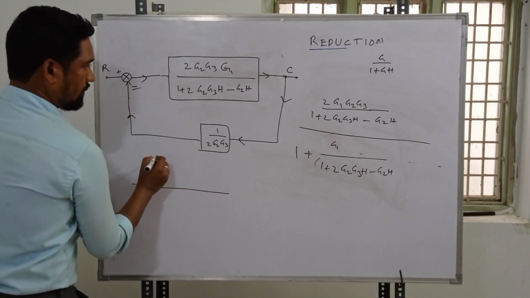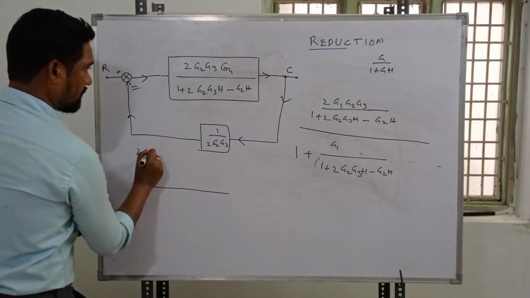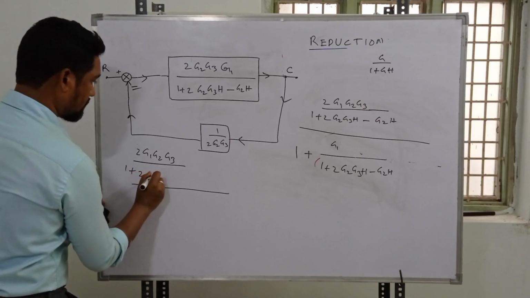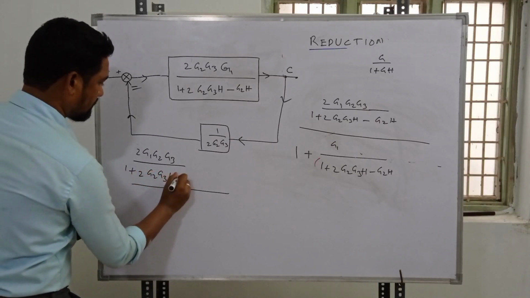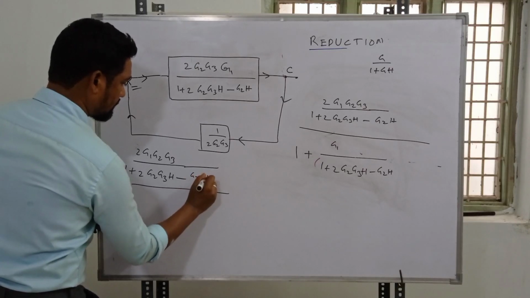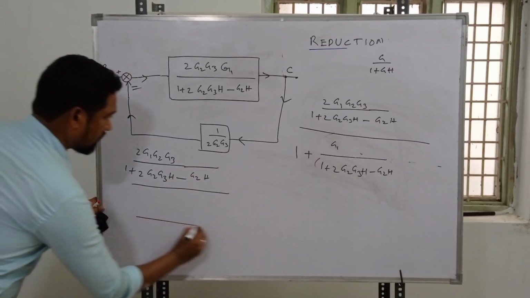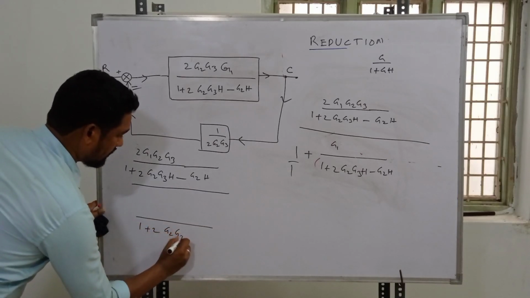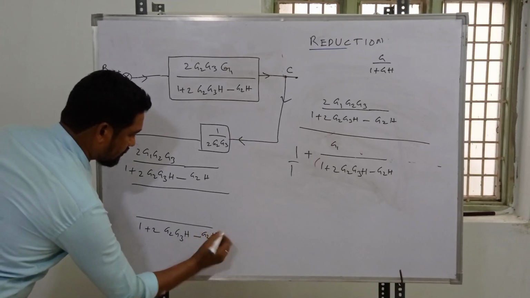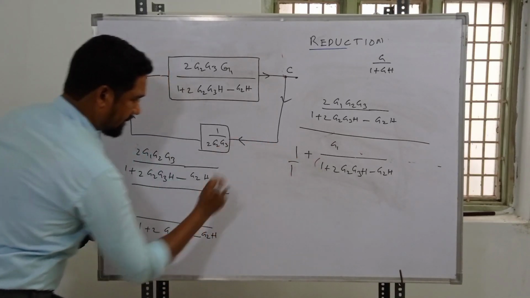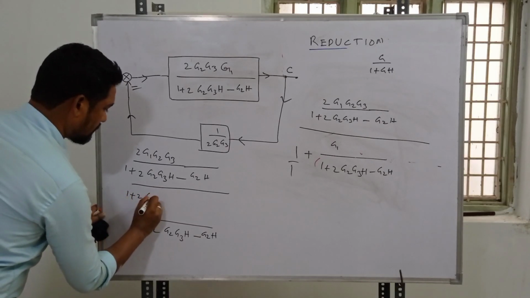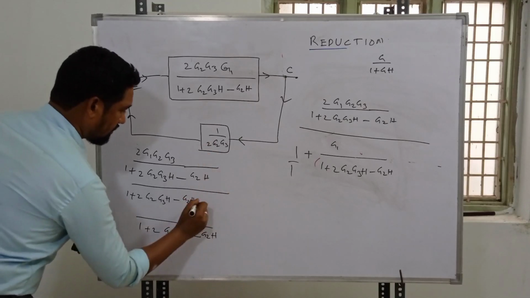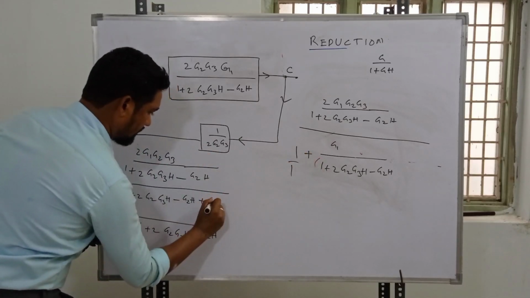It's 2 times G1 G2 G3 upon 1 plus 2 times G2 G3 into H minus G2 into H in the denominator, and simplifying this one, 1 plus 2 times G2 G3 H minus G2 into H. Okay, so we have to cross multiply that one, so 1 plus 2 times G2 G3 into H minus G2 H from the first term plus G1, isn't it?